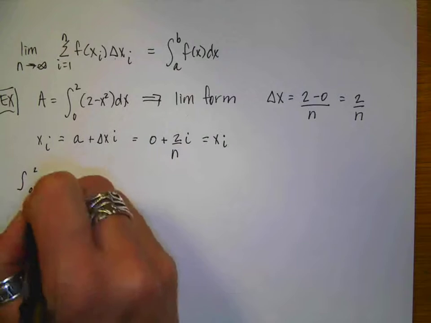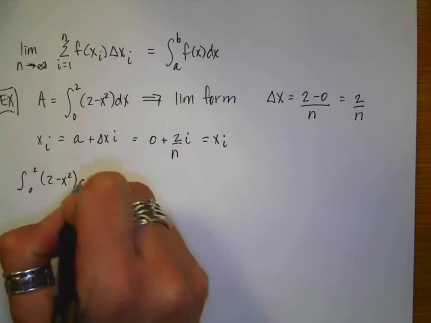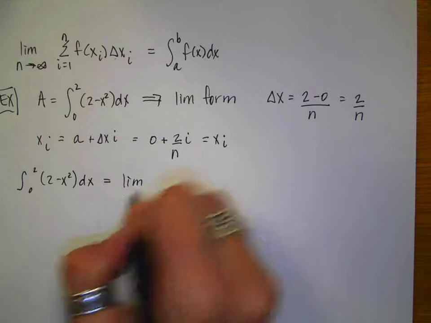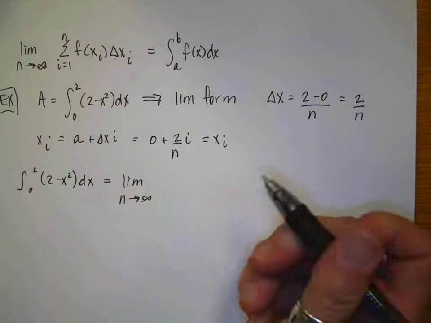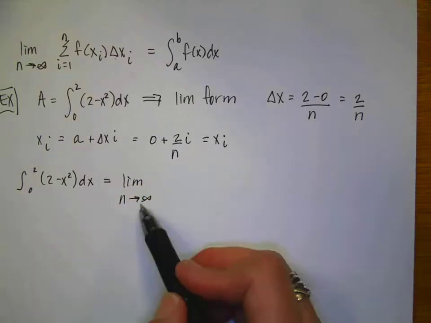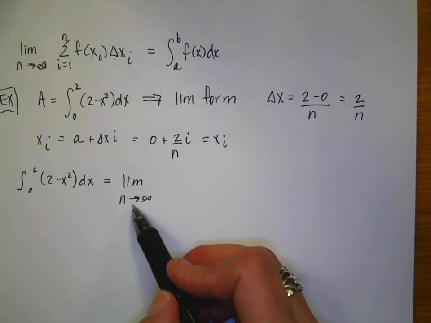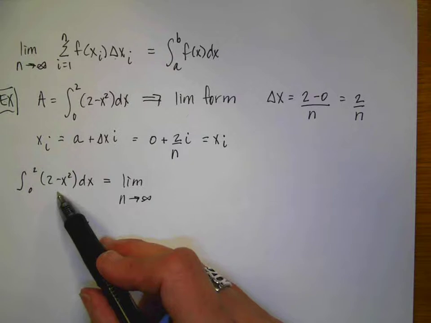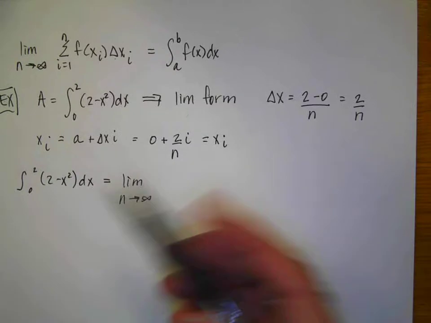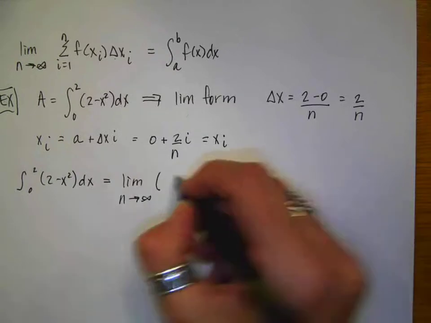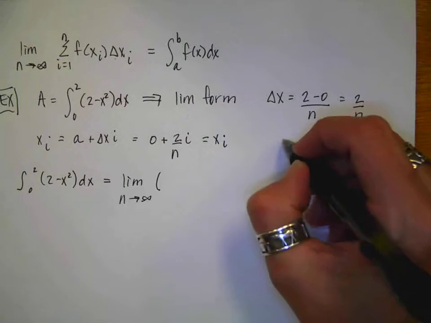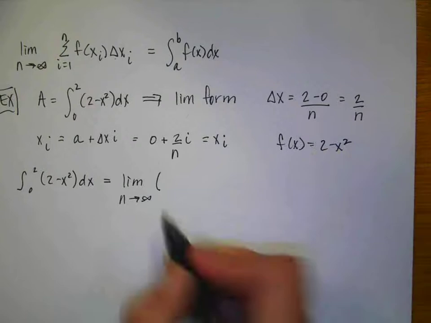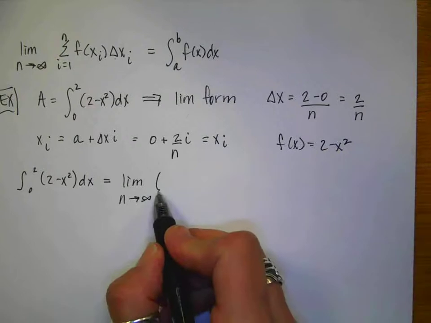So now I know that the integral from 0 to 2 of 2 minus x squared dx is going to equal the limit as n approaches infinity. And let's talk about what that means. As the number of rectangles approaches infinity, that's going to give me the area under the curve. All right, and I'm going to have my function, which is 2 minus x squared.